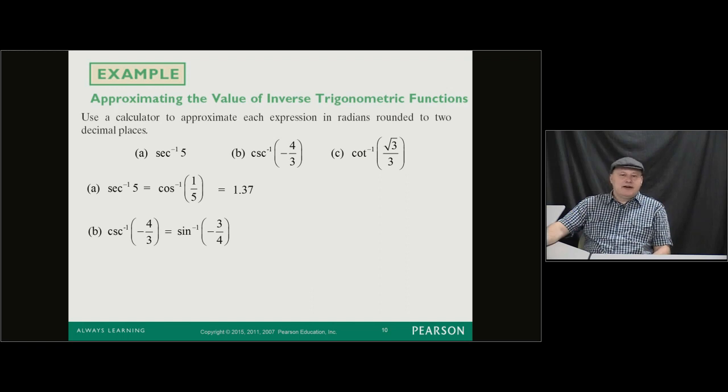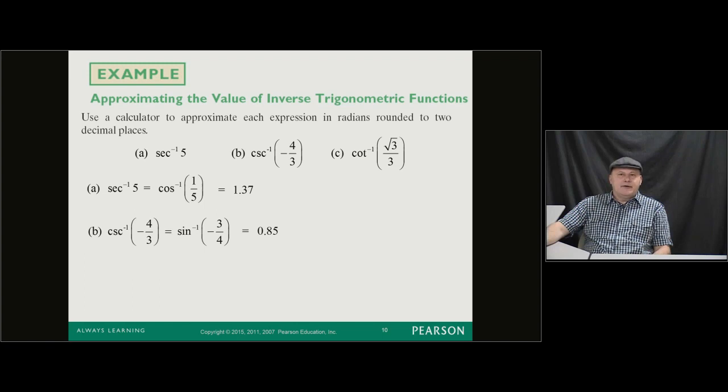Like I said, it's very, very easy. You just take the reciprocal of the input. So sine inverse of -3/4, apply it to your calculator, that's 0.85 radians. And you know something? I think there's a mistake there, because I believe it should be -0.85 radians.